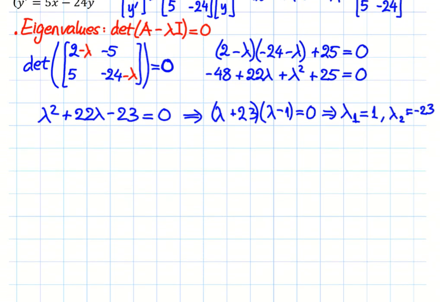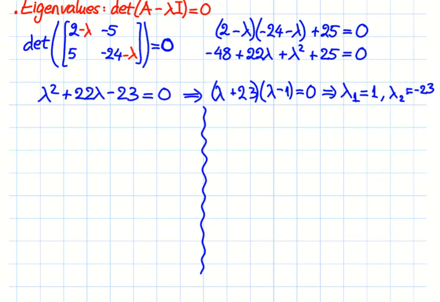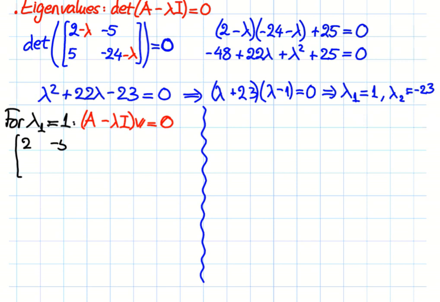Now we find the eigenvectors for those eigenvalues. For the eigenvalue of 1, we will solve the equation in this form of A minus lambda I times the vector v equal to the 0 vector. So we have the matrix A, 2, -5, and 5, and -24.